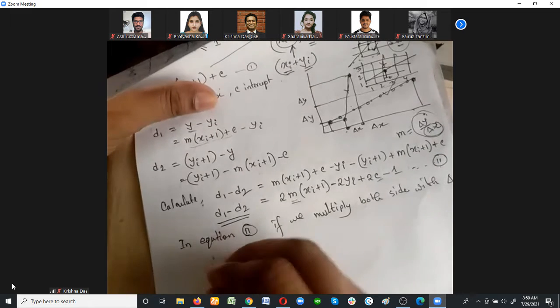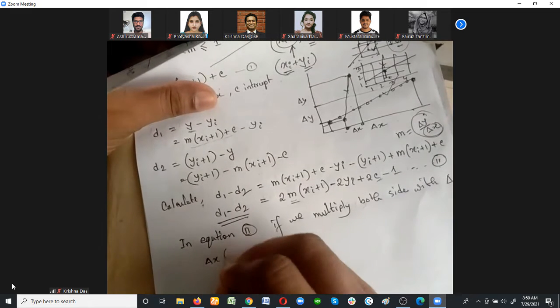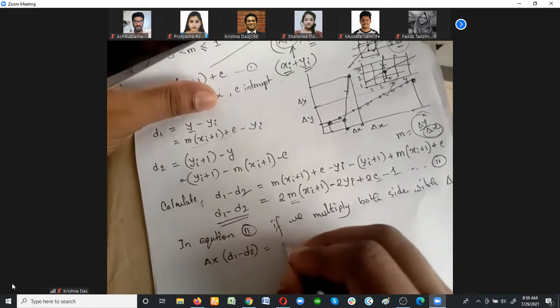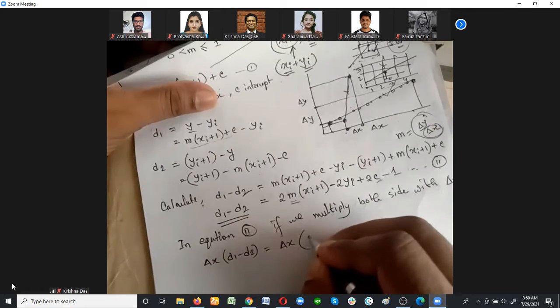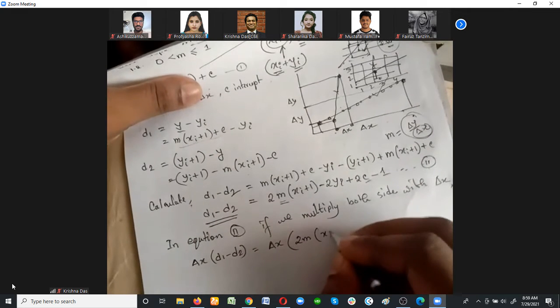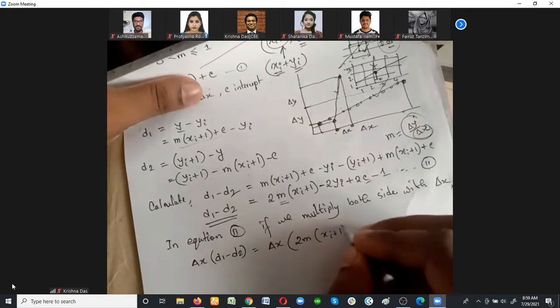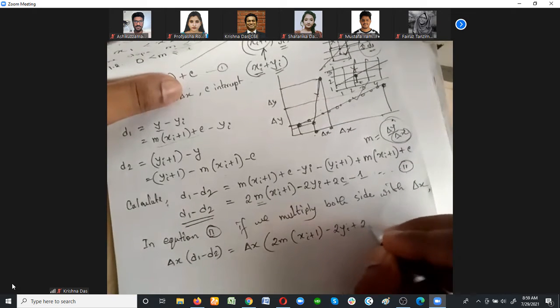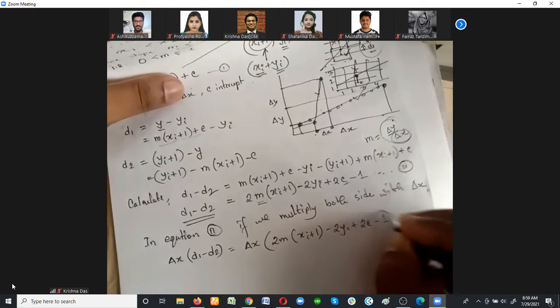That means del x into d1 minus d2 is equal to del x times the entire line equation: 2m xi plus 1 minus 2yi plus 2c minus 1.